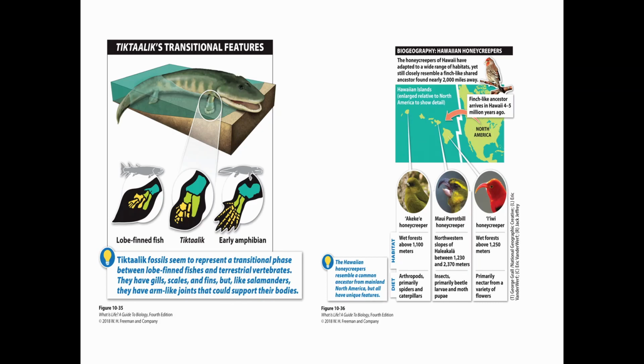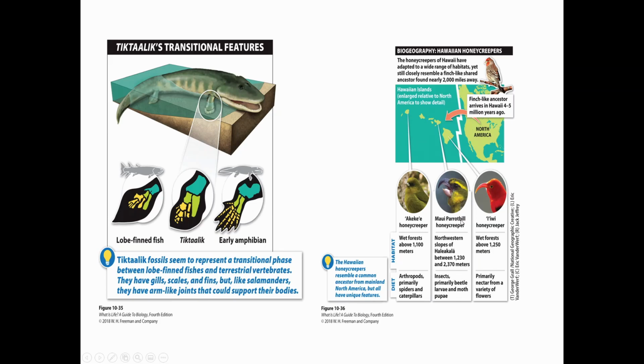And so what we've seen with these guys is that depending on the environment, we see certain types of changes. So for the Akeke, I think I'm pronouncing that right, Akeke honey creeper, they live in wet forests at higher elevations, and so they're eating a lot of bugs. So they have a beak that would be decent for that.